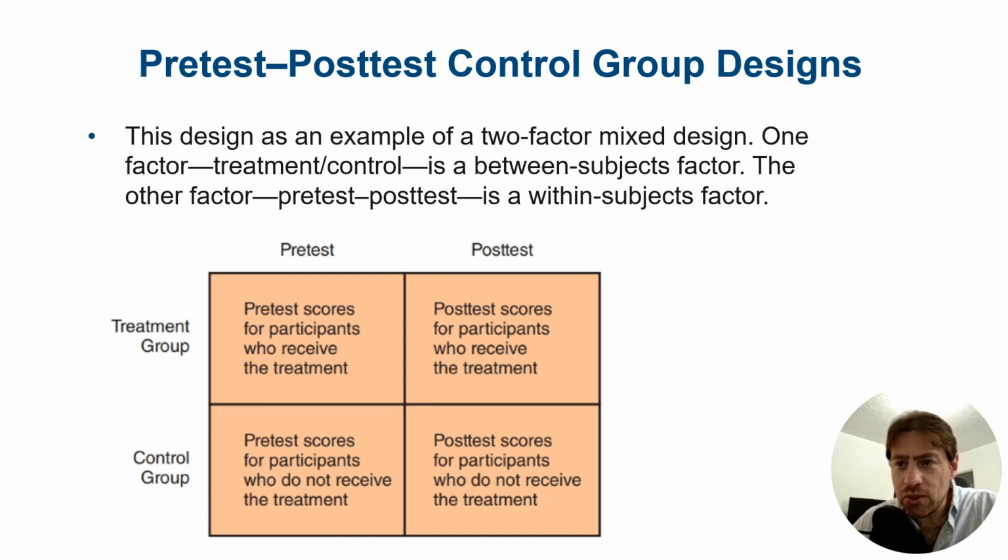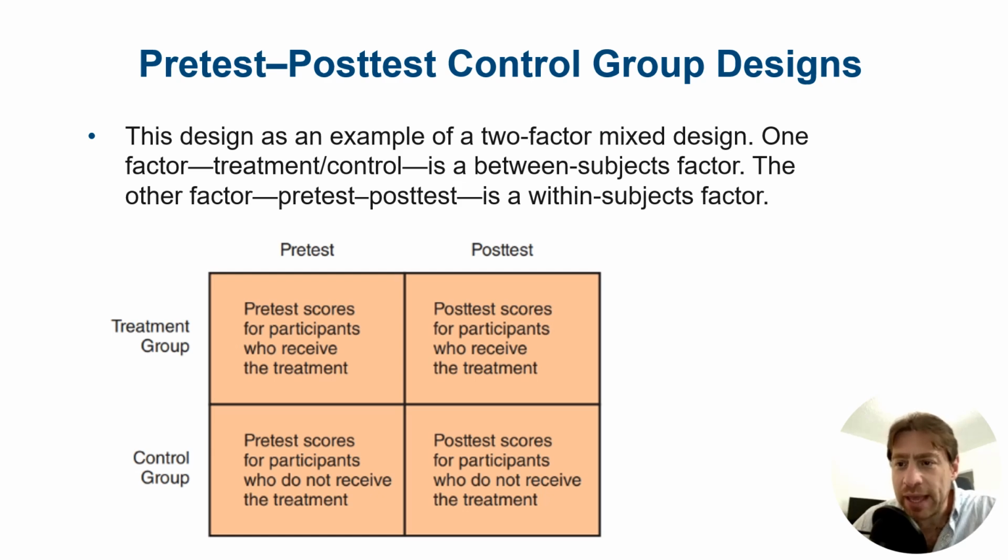All right, so we introduced mixed designs and combined strategies. Now let's think all the way back to the last chapter. And recall, we discussed in the last chapter something called the pretest post-test control group design. Now this is an example of a two-factor mixed design. Why?